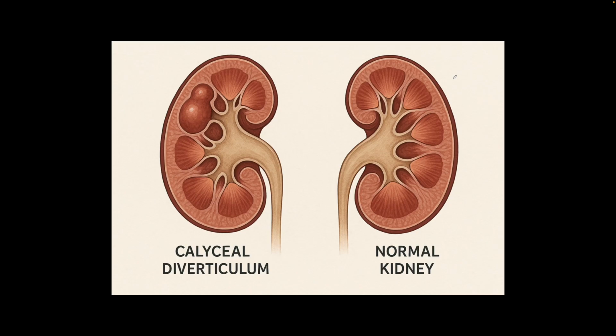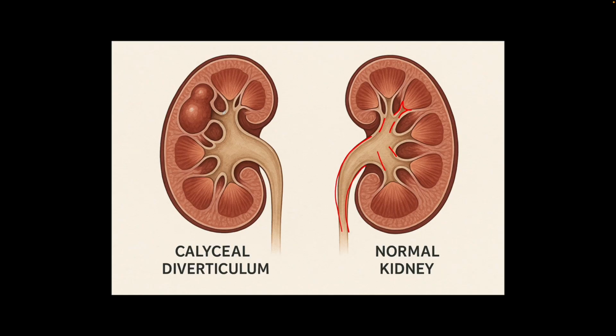Here is a diagram showing how a calyceal diverticulum would look. On the right we have a graphic of a normal kidney. This right here is a minor calyx, and these minor calyces join to form a major calyx, which is right here, and these major calyces then join to form the collecting system, and that continues to the ureter.